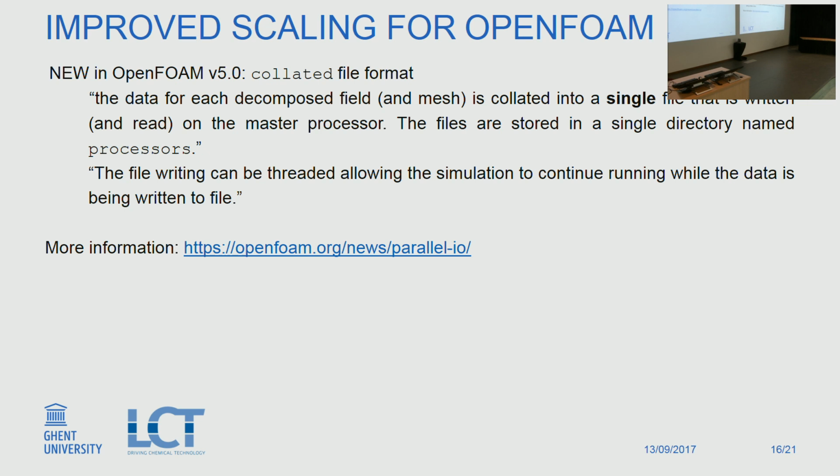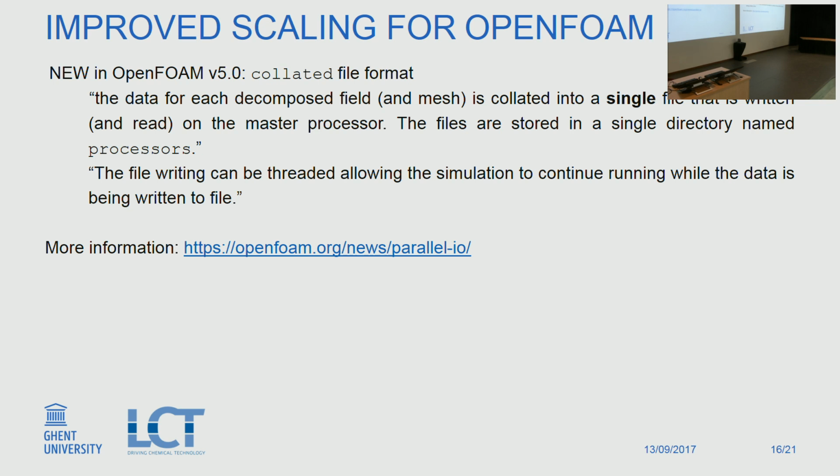As you can read, the data for each of the decomposed fields is collated into a single file. So you still have a folder per time step, but per time step all your information is in one single file. It's way easier to handle for shared file systems, and instead of having a lot of very small files, you have one big file.